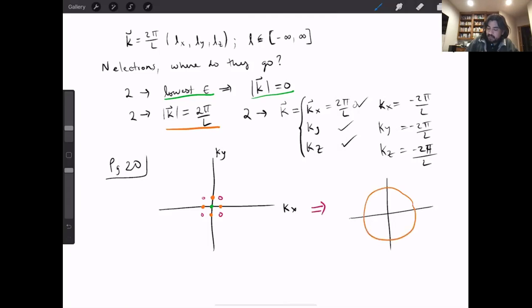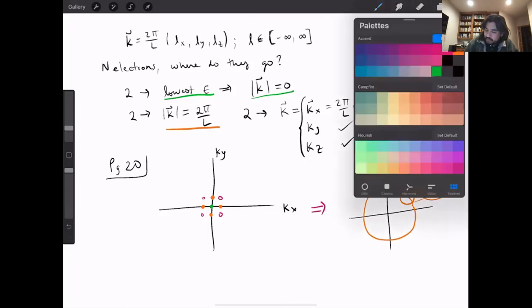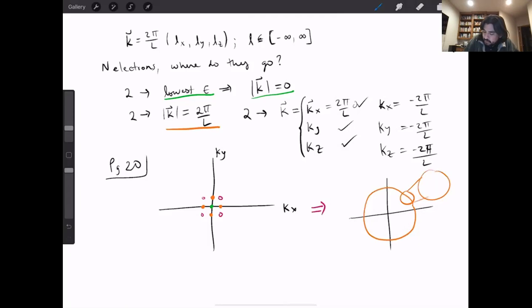It's not really a sphere because if you were to zoom in really far in, you would see that grid of electrons being occupied like that.